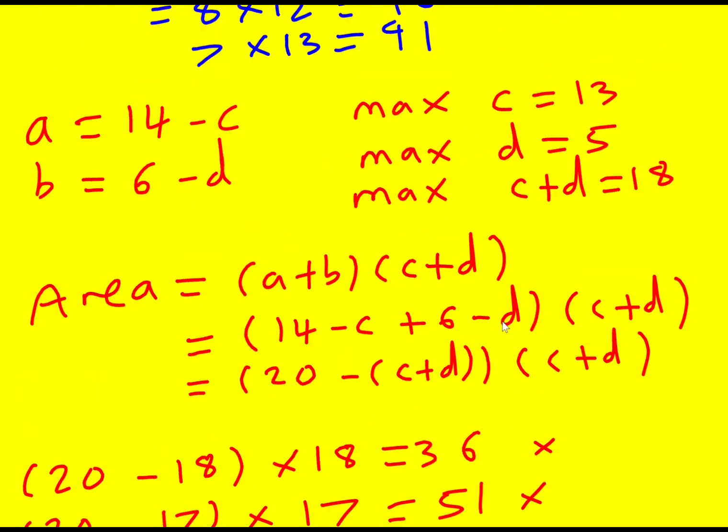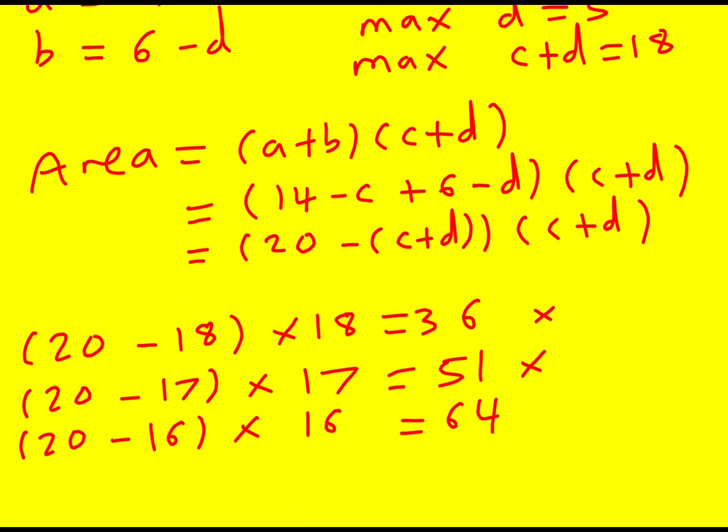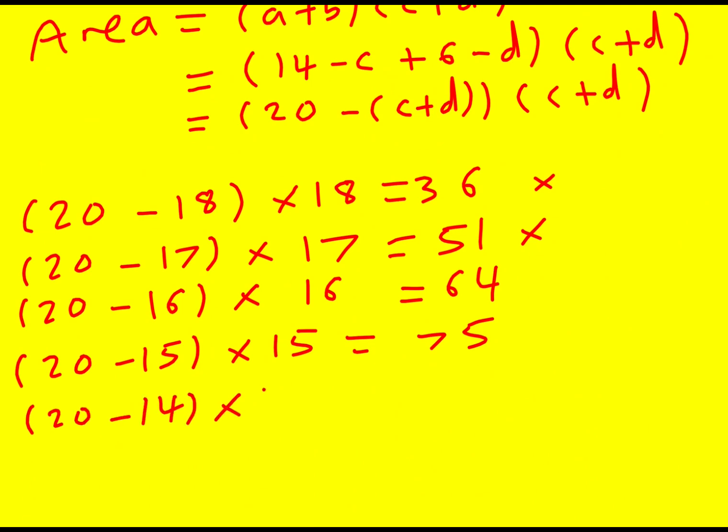You can see it's getting larger and we're approaching one of the answers. That's going to be 75. 6 times 14 is 84.